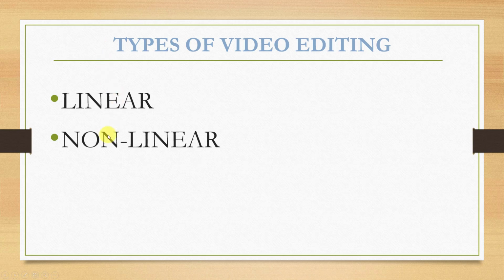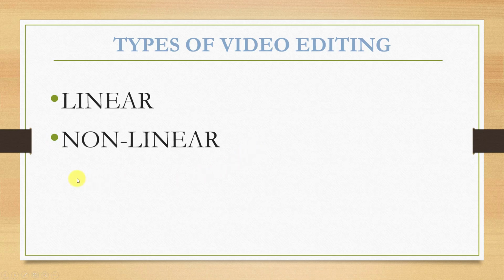Now we have non-linear video editing suites, which means we are not going to use the traditional format. We are going to use software on a computer, laptop, tablet PC, or mobile phone. Whatever you use in a digital form comes under this category, which is non-linear editing. Nowadays almost all video editing happens in this format.